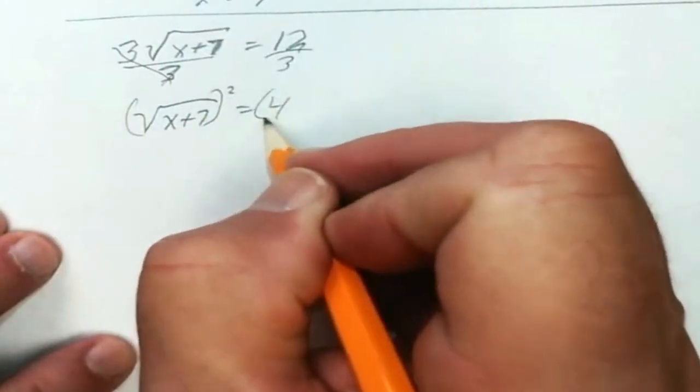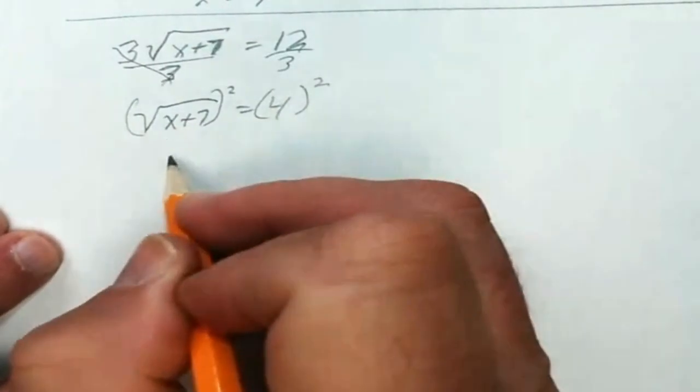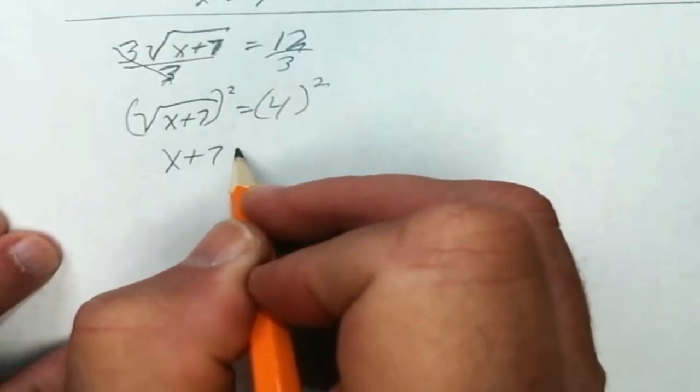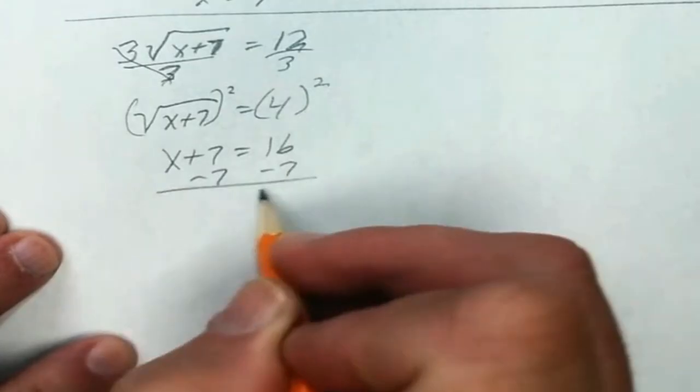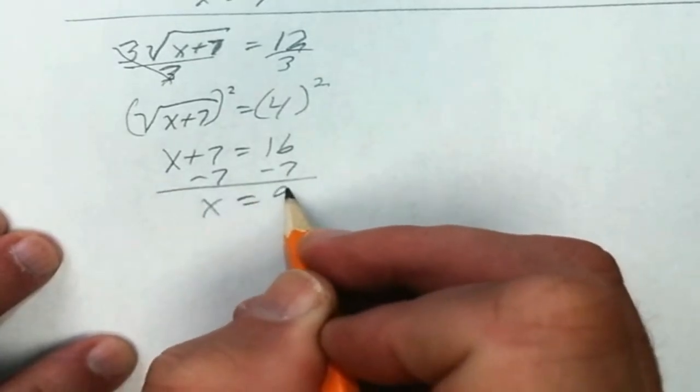Square. x plus 7 equals 16. Solve for x, x equals 9.